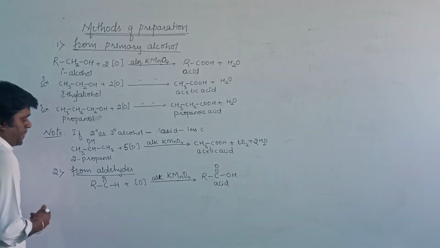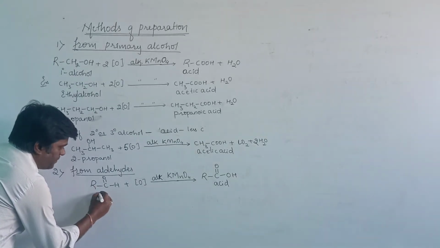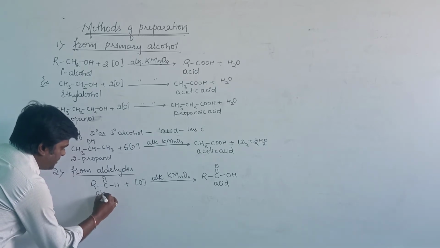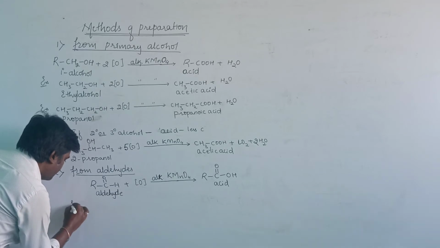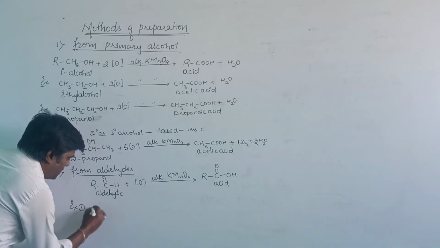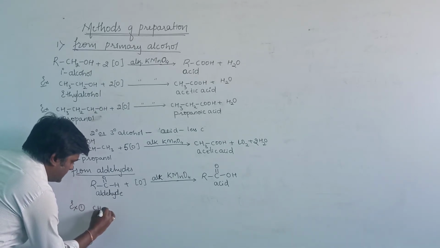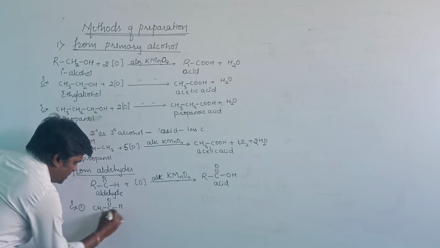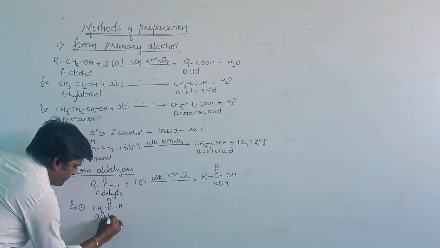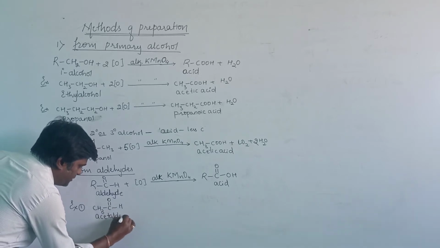This is an aldehyde. Let us see a particular example for this reaction. Example 1: the aldehyde CH3CHO, the name for this compound is acetaldehyde.